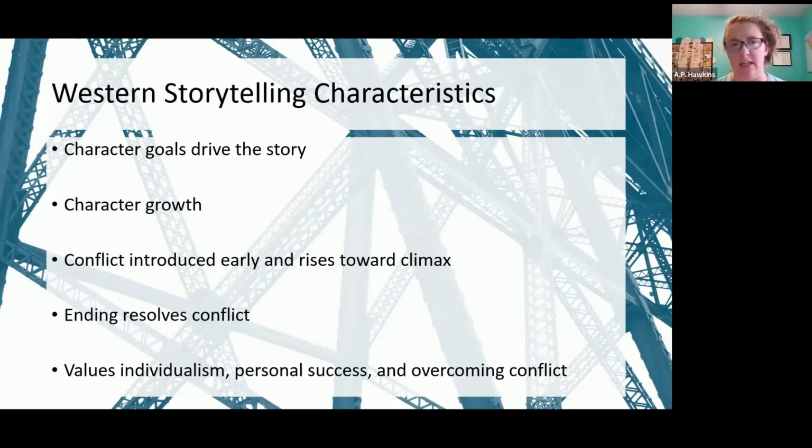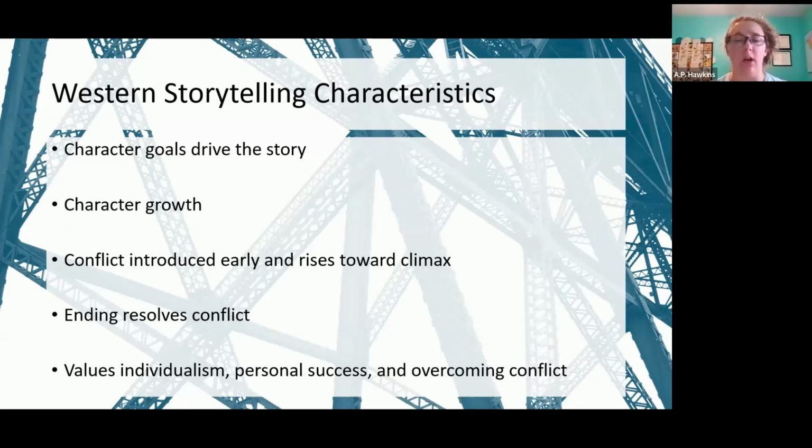The main character tends to have a lot of growth throughout the course of the story, where, when you have the Freytag's pyramid, where you have the denouement on the end, they are in a different place. Even if they're going back to their normal daily life, they are not the same person that they were during the exposition part of the story, because things that they have experienced and done throughout the course of the story have changed them. Conflict tends to be introduced early and always kind of rises toward the climax.